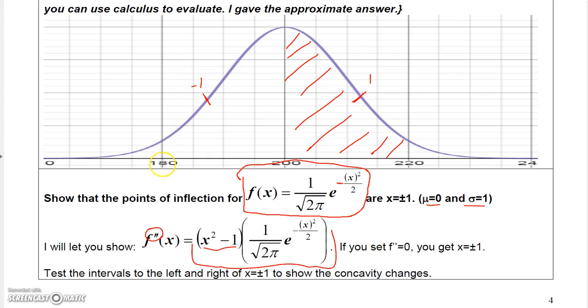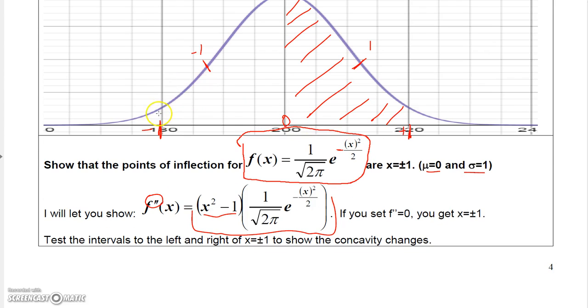Now this graph is not labeled the same as for this, but basically it looks the same. You would just have 0 here, and then the standard deviation would be 1. So one standard deviation would be this at minus 1, and another standard deviation to the right would be at plus 1. But anyway, I just thought you might find that interesting.